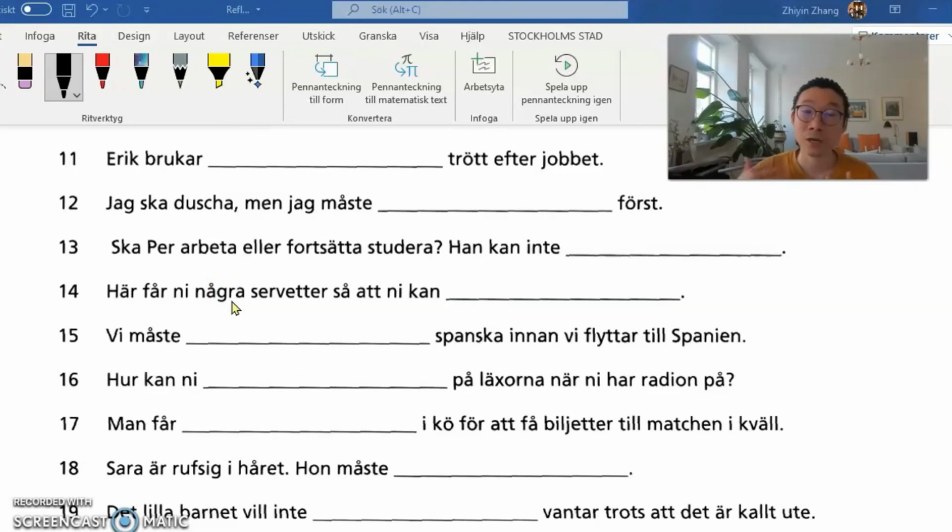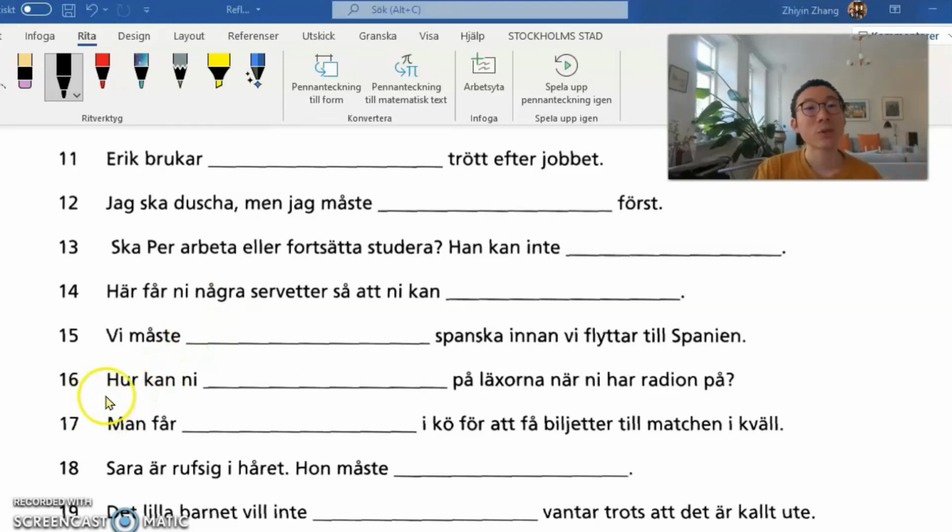If you use another verb, for example study, studera eller plugga, då behöver du inte. Men om du använder lära, då måste du använda reflexiva pronomen. If you use lära, you always have to have the reflexive pronoun. Vi måste lära oss. Du måste lära dig. Han måste lära sig.